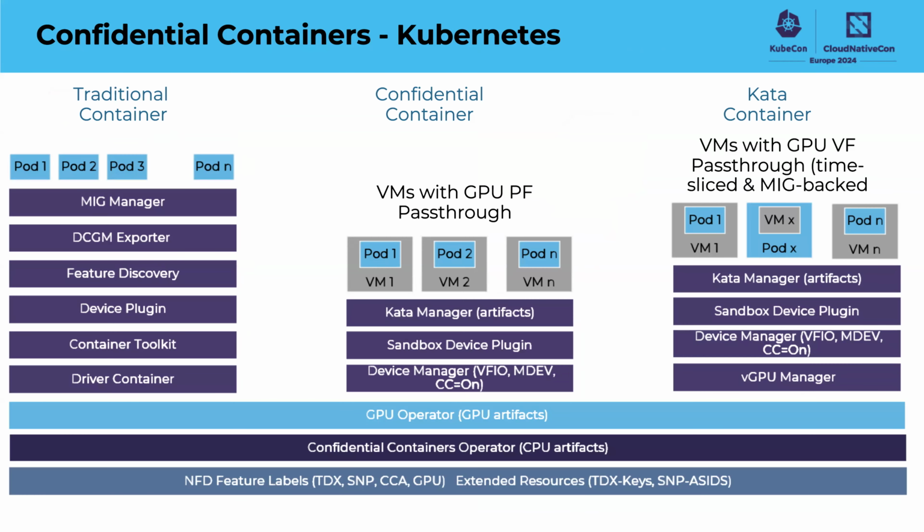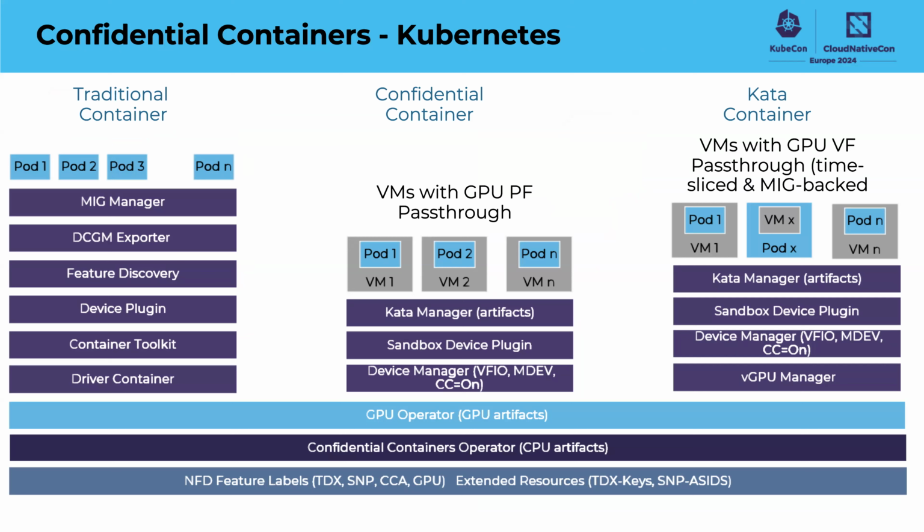If we take all those parts, this gives a brief overview of all the deployment models that we can do with the GPU operator on a cluster. You could have one node with traditional containers where the GPU stack is running to enable the normal pods.